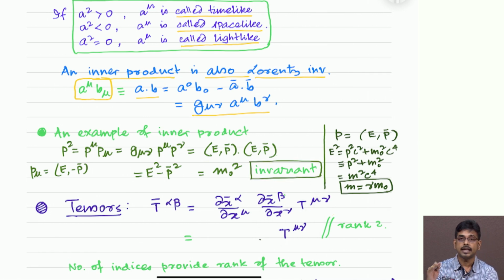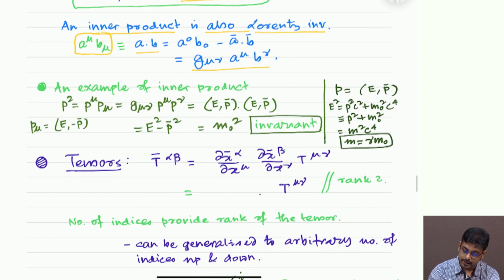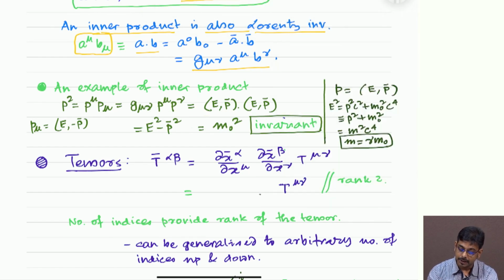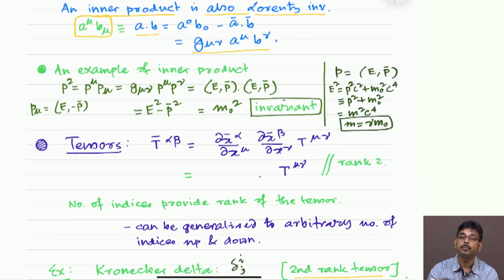Now, there are not only scalars and vectors, but you can also define tensors, for example. Here is one example of a tensor that I am defining, which is called T bar alpha beta. How it will be transforming from T mu nu is basically del x bar alpha over del x mu, del x bar beta over del x nu, T mu nu, where you see that mu and nu are the repeated indices which are summed over, and alpha and beta are the free indices.